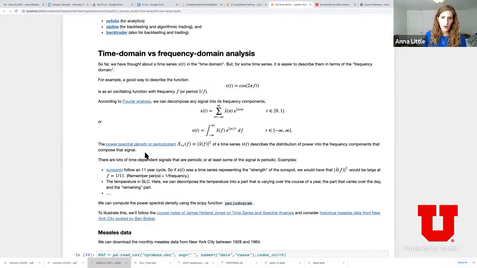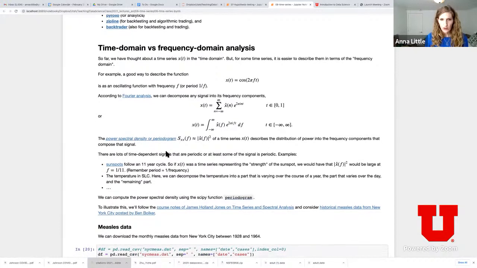Okay, so one thing that you can look at is the distribution of the frequencies, right? You can obviously look at the signal in the time domain, and that will give you spatial information.